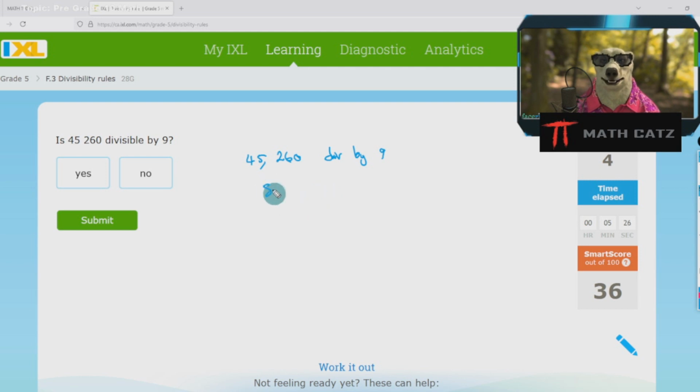So I need to check the sum of the digits, and I emphasize that I am adding up the digits. So I get a 9, I get 11, I get 16, and then this must be divisible by 9.